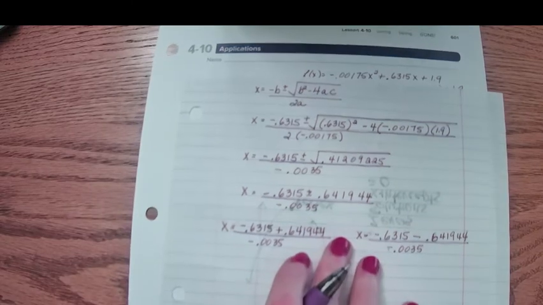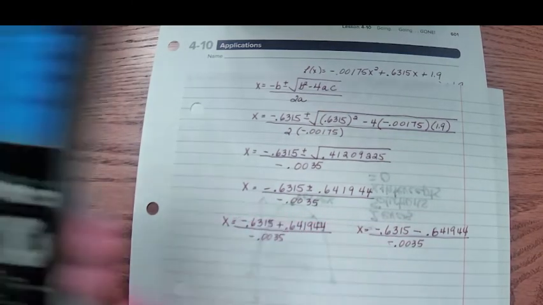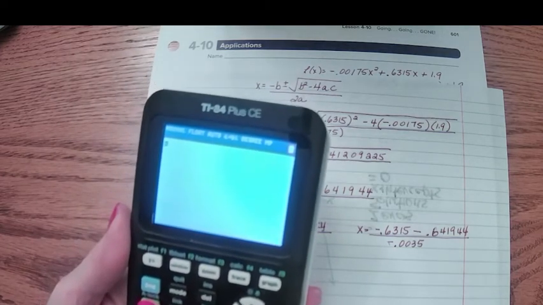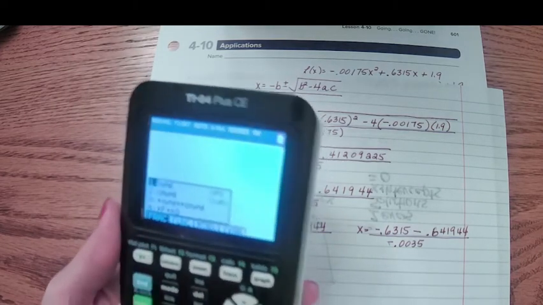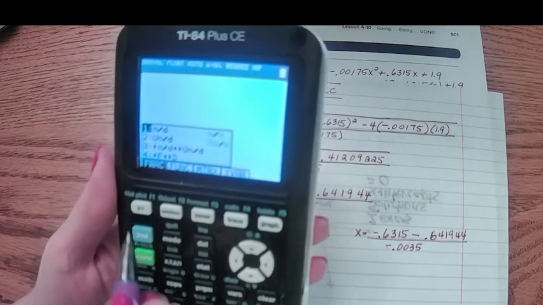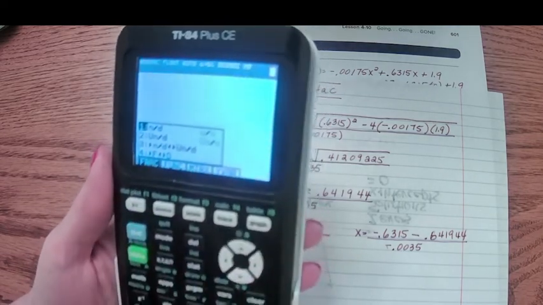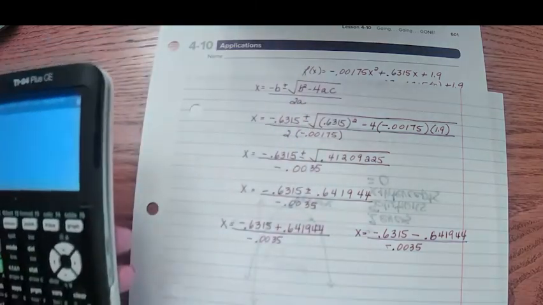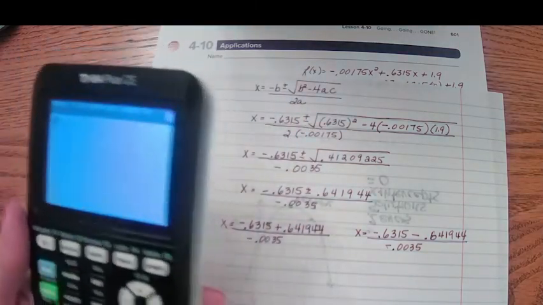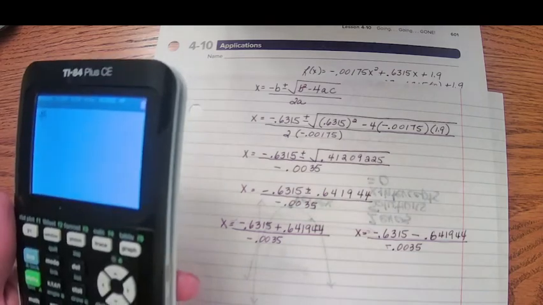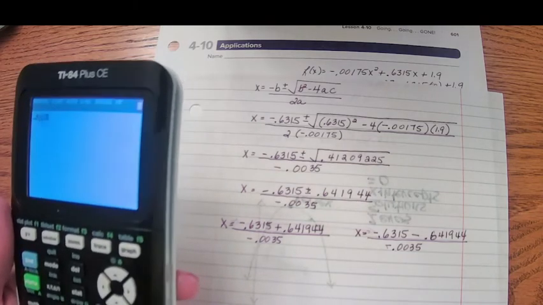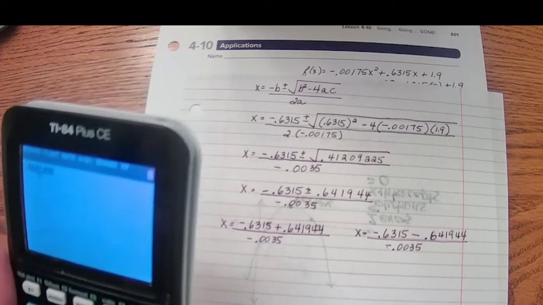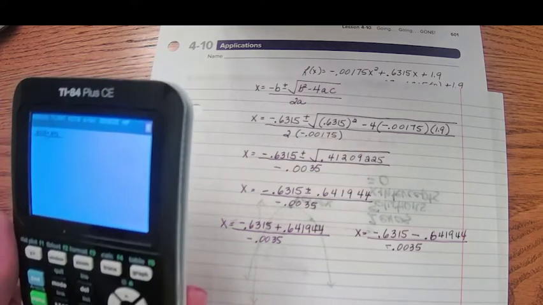All right, and now I'm going to do this on my calculator. So alpha, my alpha key, my green key, Y, you can pick numerator and denominator and it will give you a fraction. So in my numerator, I'm going to put negative 0.6315 plus 0.641944.